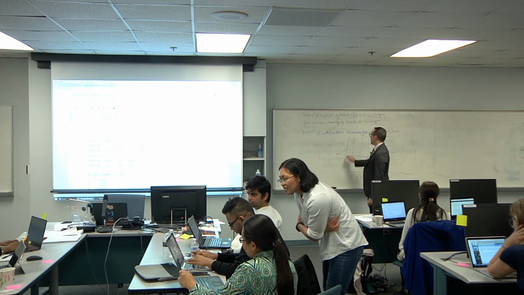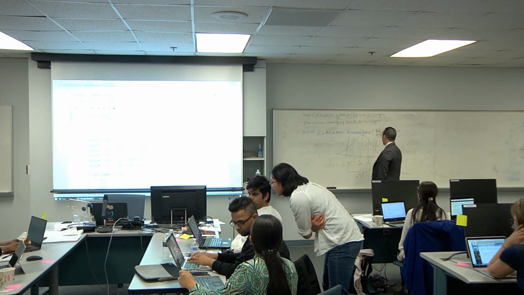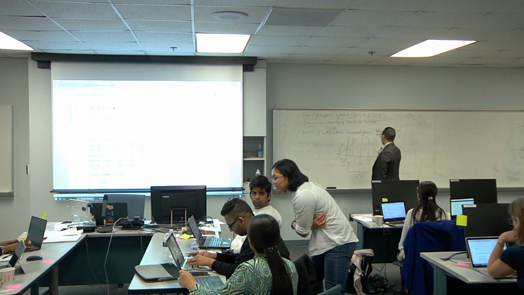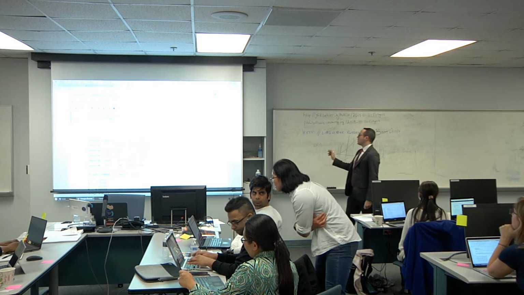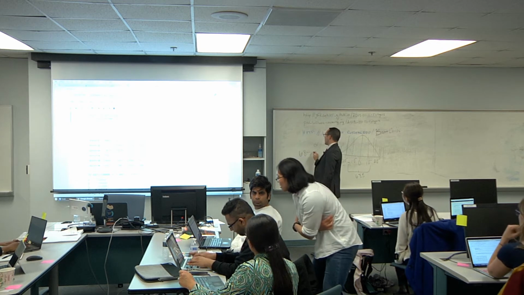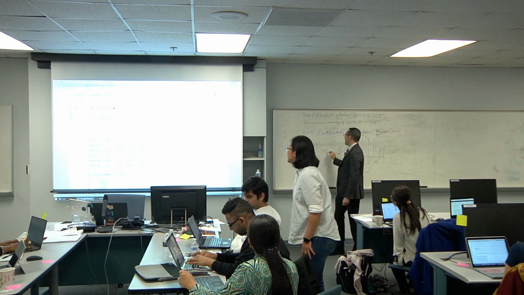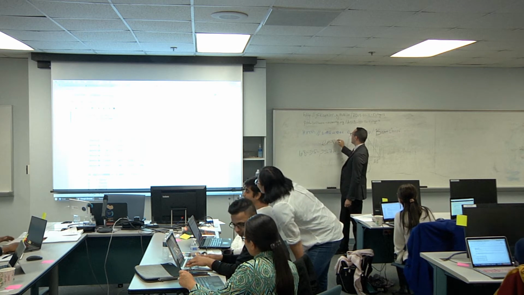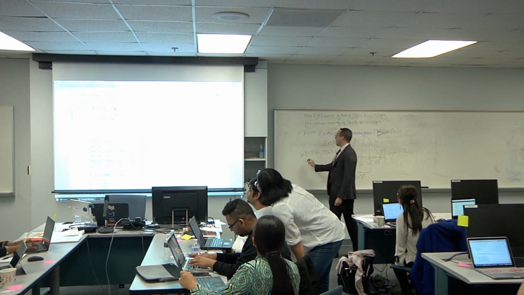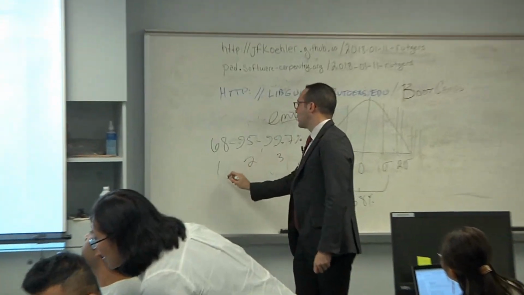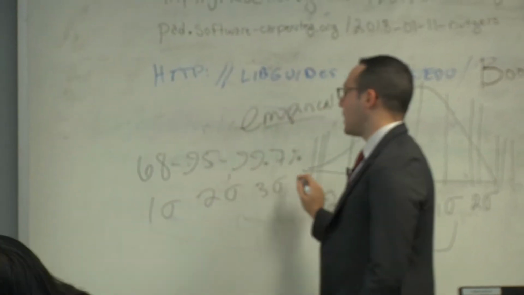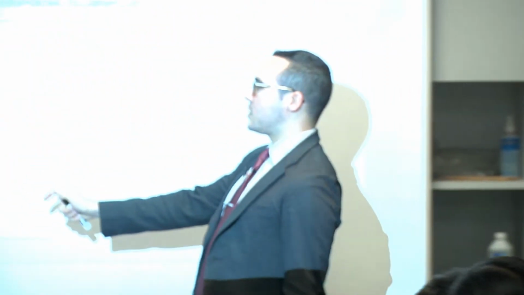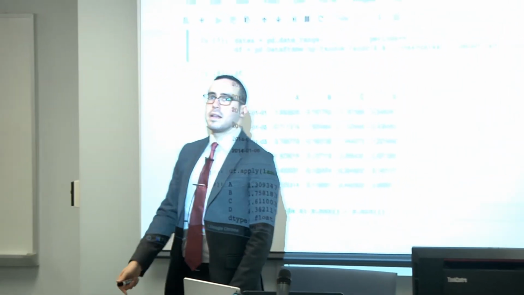And then 2 standard deviations is the 95%, and 3 standard deviations is the 99.7%. So we have this rule called 68, 95, 99.7, which is known as the empirical rule: 1, 2, 3 standard deviations, or sigma. So for that reason, your numbers should also be somewhere generally from +3 to -3.